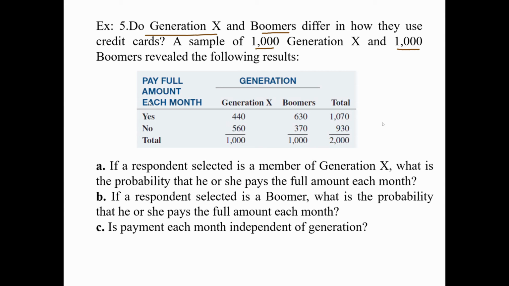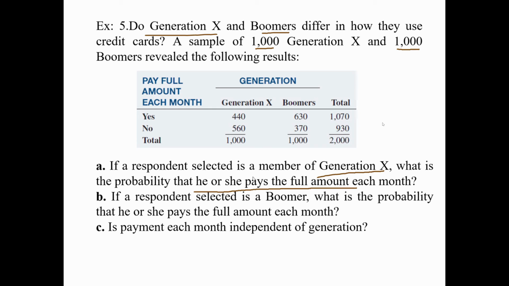This is about paying the full amount each month. The first question is, if a respondent selected is a member of Generation X, what is the probability that he or she pays the full amount each month?